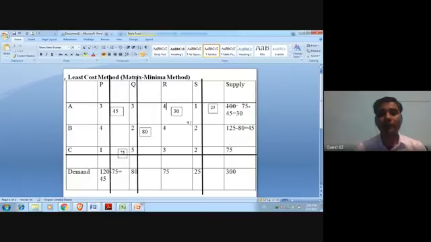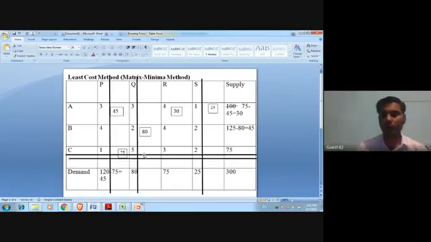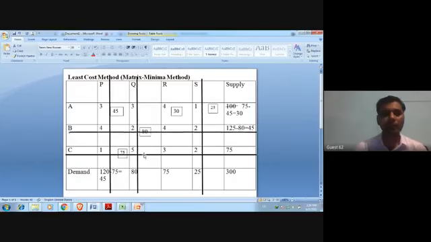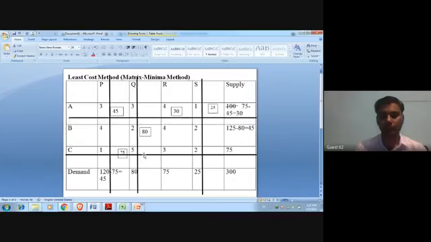So after giving these 30 units, how many units are left with A? None. It means the supply of factory A is exhausted now. So we will draw a horizontal line from A. Okay. So I have drawn this horizontal line from A.